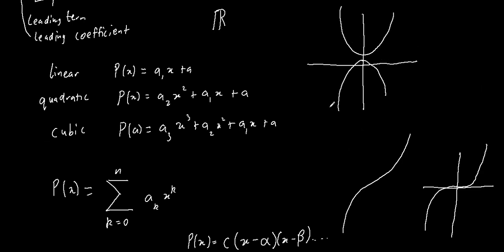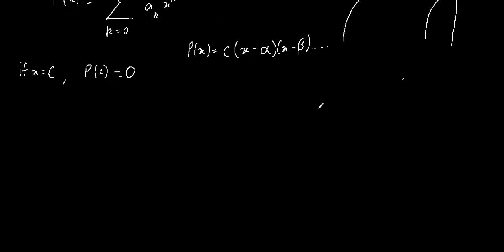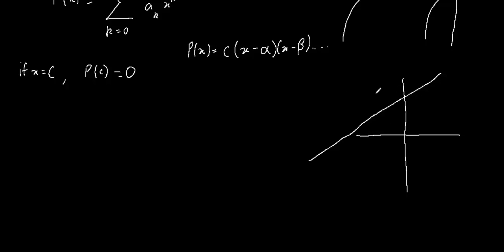But if I have a line, I will always end up crossing the x-axis, unless it's a horizontal line, but that makes it a constant, which doesn't make it exactly a line. If I have a cubic, it will always have the S kind of shape. No matter however I shift it, it will always cross the x-axis at at least one point.